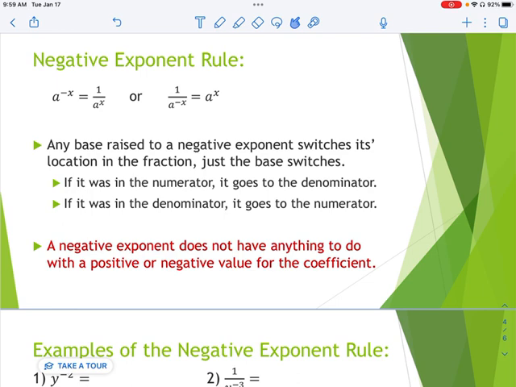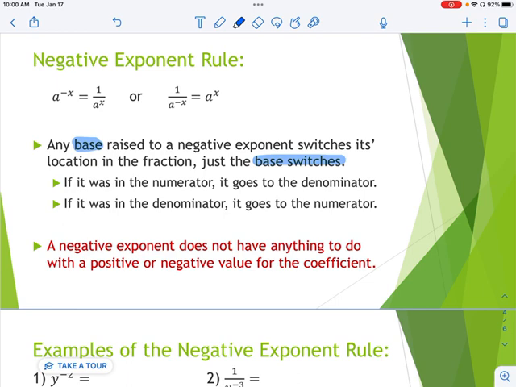In other words, any base raised to a negative exponent switches its location in the fraction. Just the base switches, nothing else. Whatever is being raised to the negative exponent, that is what moves in the fraction. So if it was in the numerator, it will go to the denominator. If it was in the denominator, it'll go to the numerator.